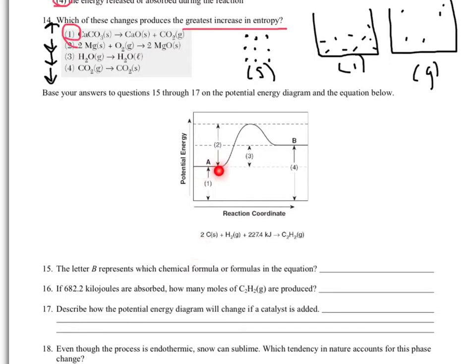The reactants are on the left side of the arrow of a chemical equation, and they're on the left side of the graph of a potential energy diagram, while the products are on the right side, as is the case with the chemical equation. So letter B, which is on the right side, is representing the right side of the chemical equation. So this is the products.